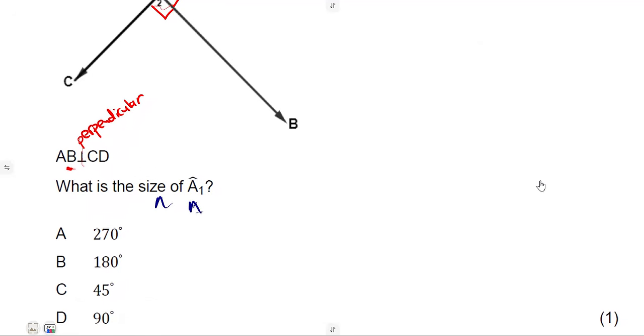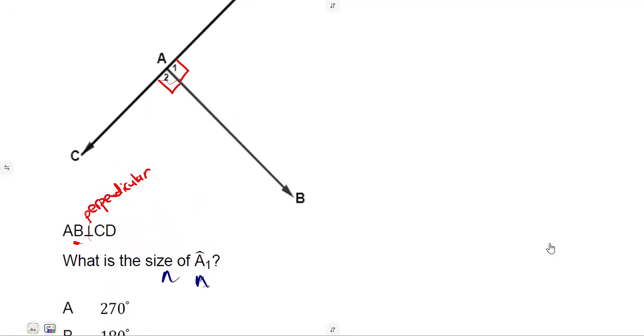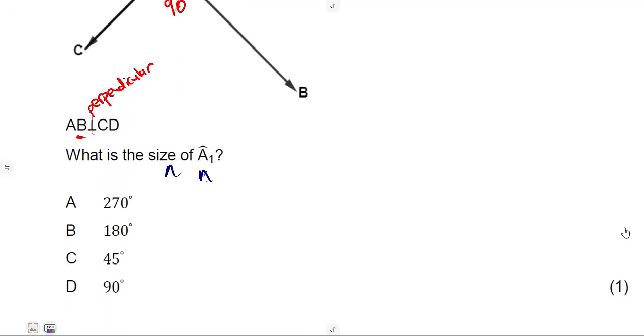On our diagram here, this is our A1, which is at 90 degrees. So remember, right angle, perpendicular, it is at 90 degrees. The same as our A2, at 90 degrees as well. So the best answer there is 90, which is on D.